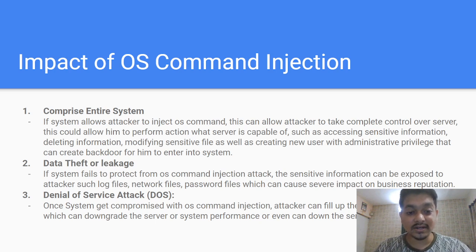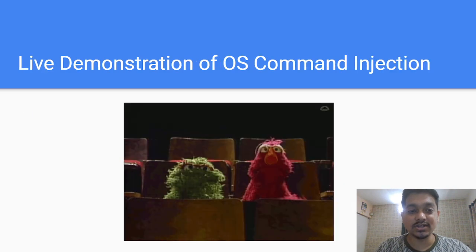Once an attacker gets an OS command injection onto the server or system, they can launch this DoS attack. They can send multiple files onto the system in such a short time that it makes the service go down or crashes the system. So these are the impacts of OS command injection.